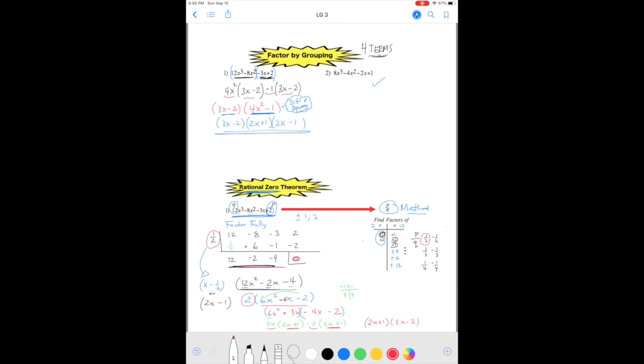This 2 has nothing to do with the actual factoring to get the roots, but it has a meaning in the factor because we are factoring here. So make sure you keep that 2 there. It's important when we are factoring, not solving. And then this first thing we got is right there, so it's 2x minus 1. So there's the answer.